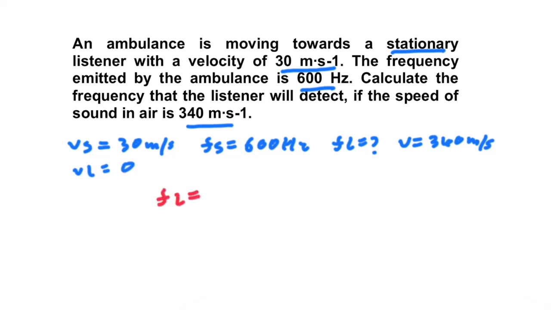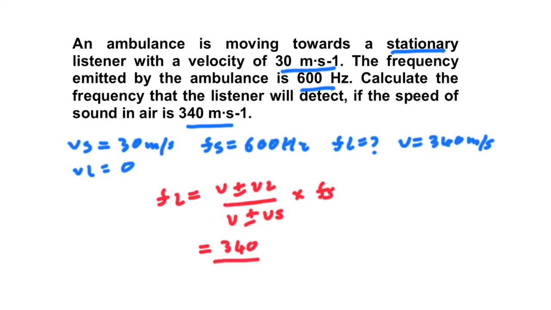So FL, the frequency observed by the listener, is equal to (V plus or minus VL) divided by (V plus or minus VS), everything multiplied by FS, where FS is the frequency emitted by the source. So V, that is 340, the speed of sound in air, plus or minus VL. Our listener is stationary, so plus or minus 0 we can just forget about that and have 340.